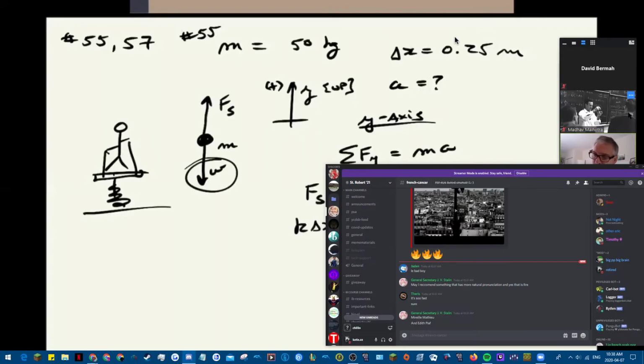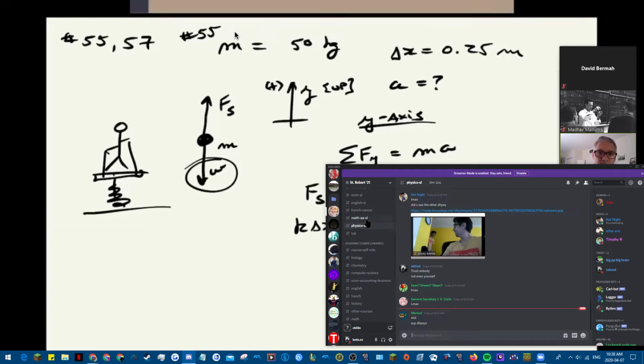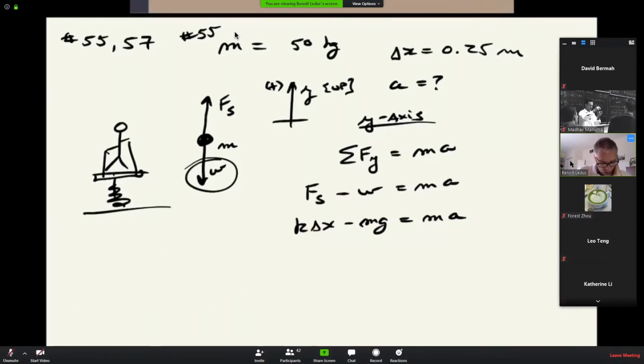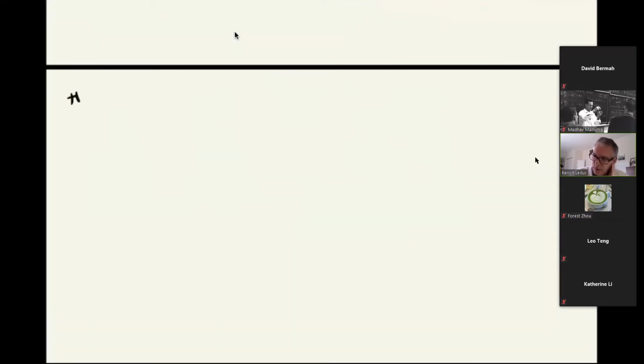Okay, so let's look at number 57. Find the normal force for a crate of mass being pulled by a spring if the spring is stretched. So this is what we have here.